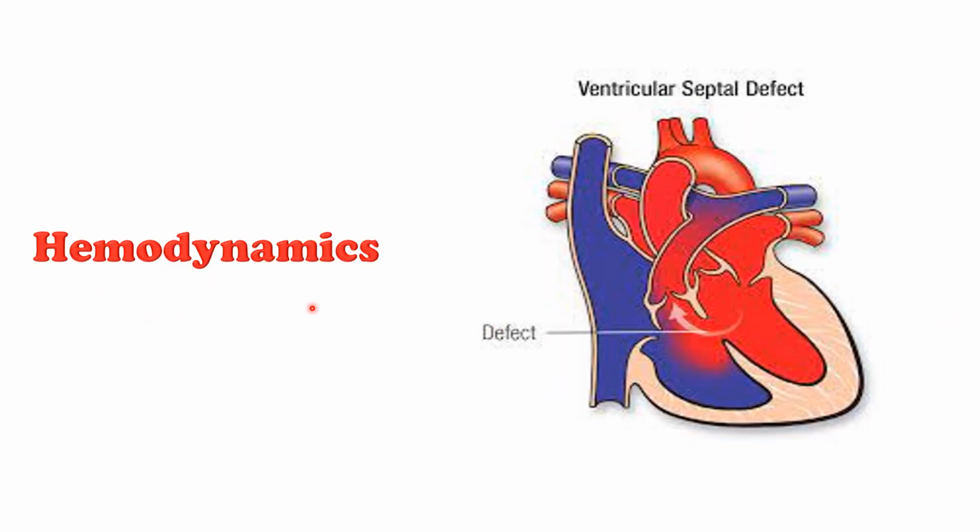Let us see hemodynamics of ventricular septal defect. See, this is the septum of the ventricle, and you see this is a defect in the septum of the ventricle. As we know, during peak systole, left ventricular pressure is 110 to 130 mmHg, and peak systolic pressure in right ventricle is 25 mmHg.